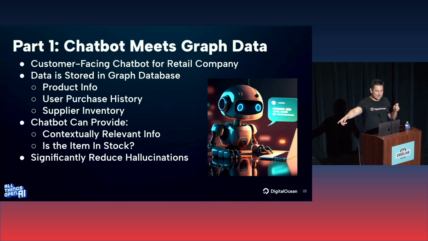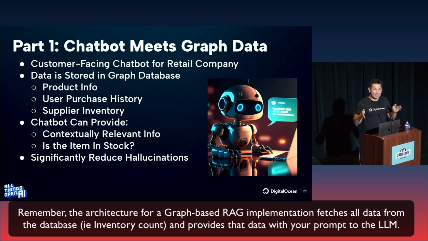When the customer asks whether this particular item is in stock, your RAG implementation queries the graph database behind the scenes, grabs the inventory count, and comes back and says, yes, we have 3 of these in stock, or no, we have 0, it's out of stock. What makes that possible is that you have that data in a graph database.